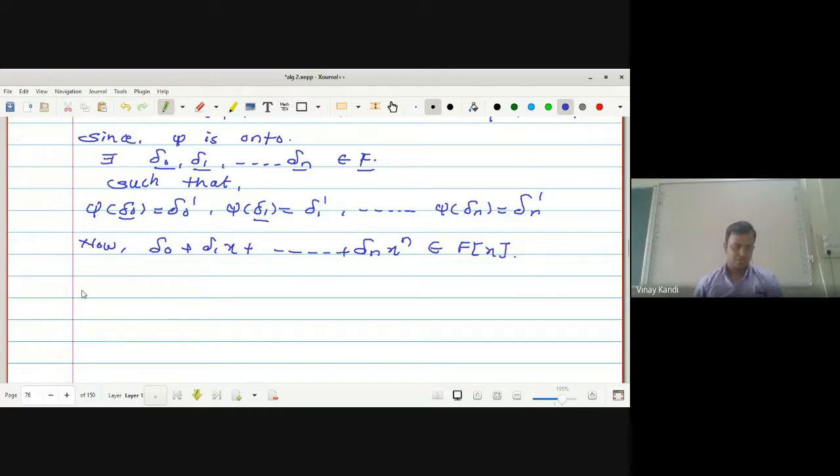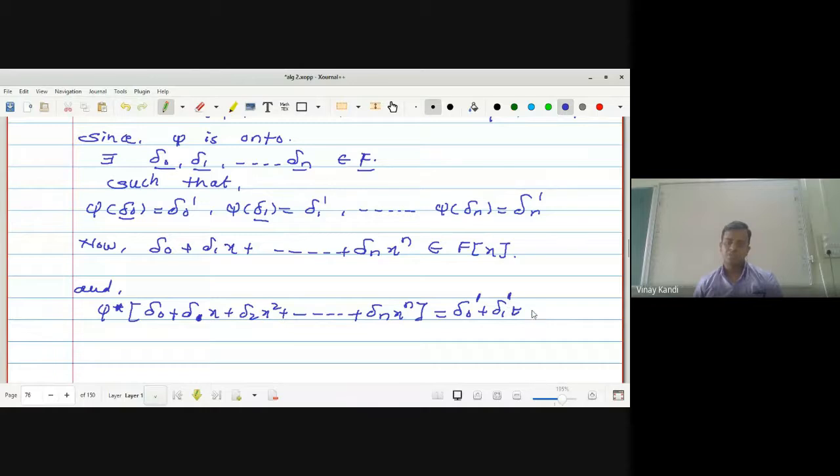And we have psi star of delta naught plus delta 1 x plus delta 2 x square plus, up to delta n x raised to n, is equal to delta naught dash plus delta 1 dash t plus, up to delta n dash t raised to n.